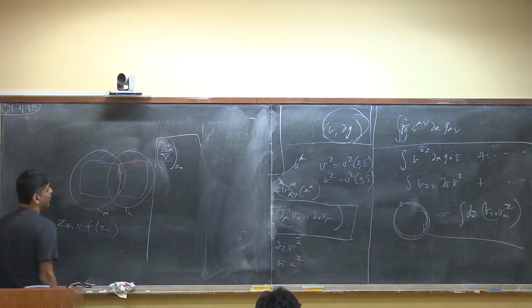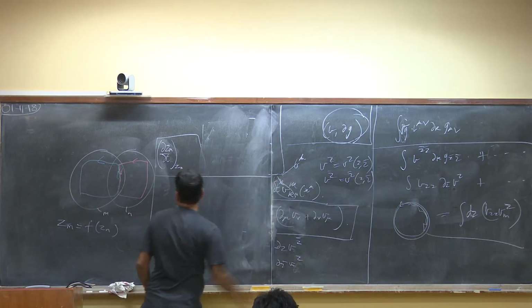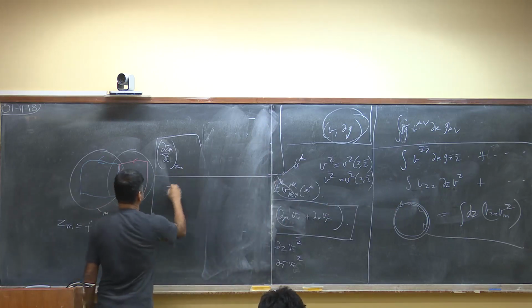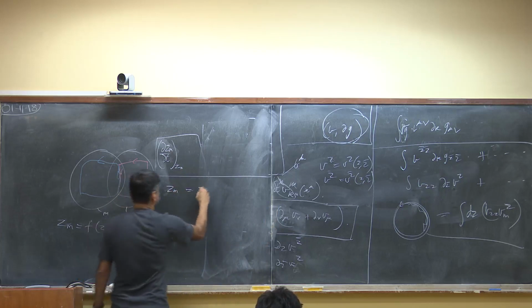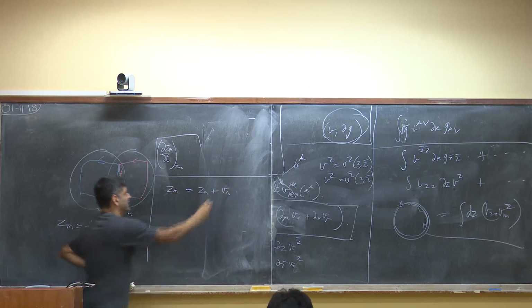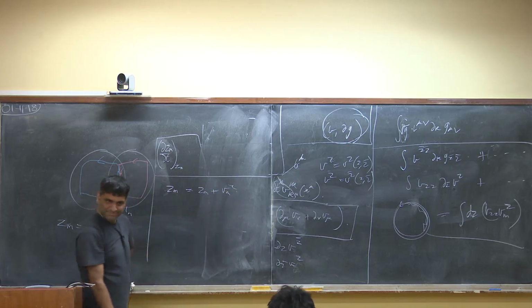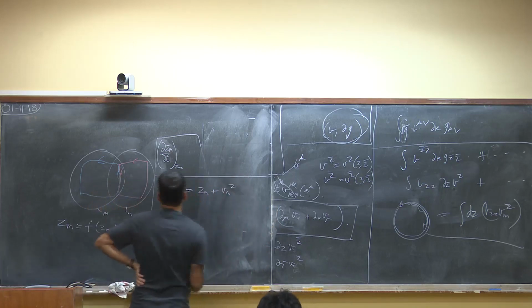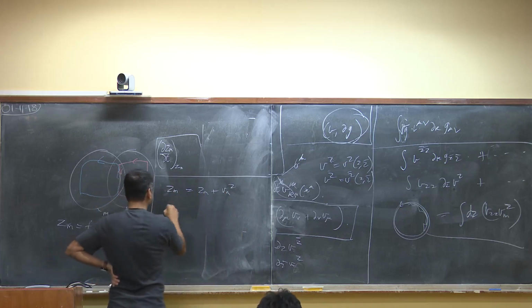So what I've done is the following. First I changed Zm. Zm was equal to Zm plus Vm of Z. On the other hand, I also changed Zn.